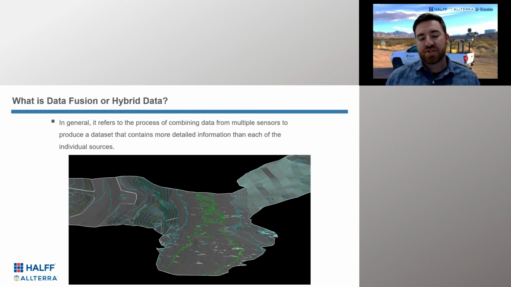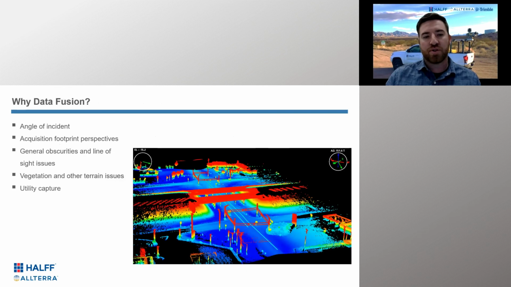Sometimes it's just so much vegetation that you have to fill that with conventional data, and we always use that when necessary. So here's an example of road data, drone data, road mobile LiDAR, drone LiDAR, and bathymetric data all pulled into one. So why, again, why do you need to use it?